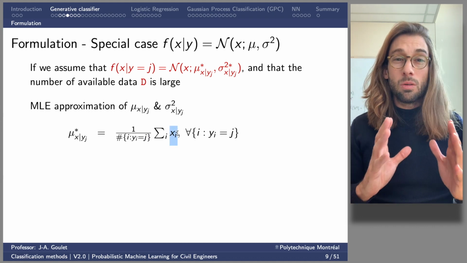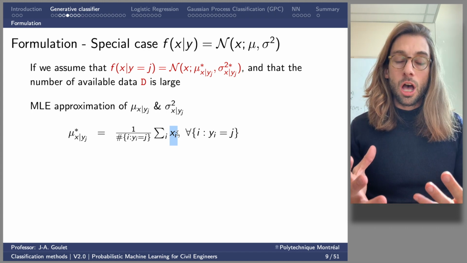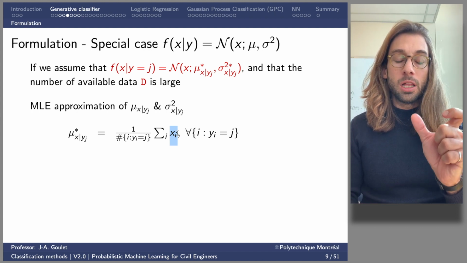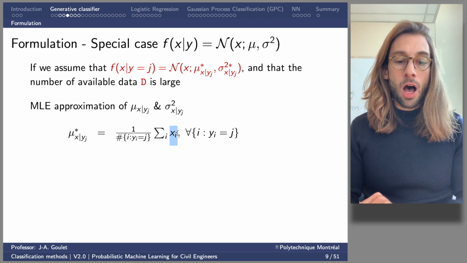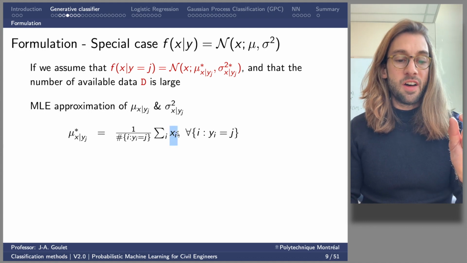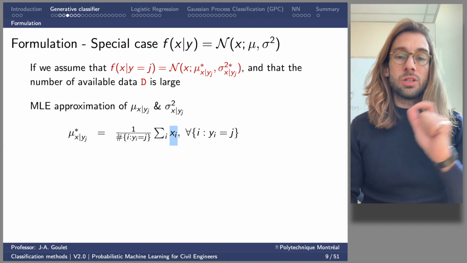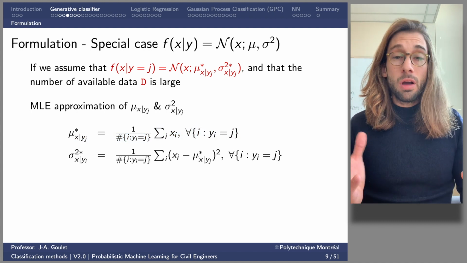So basically here what it means is that we're going to take the empirical average of all the covariates that belong to one specific class. This is the sum of all the covariate values belonging to a specific class divided by the number of instances for that specific class. For the variance, we do actually the same thing.